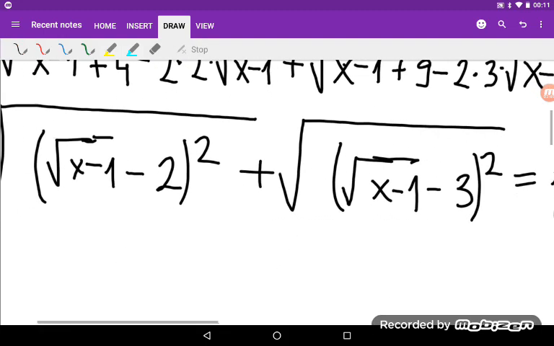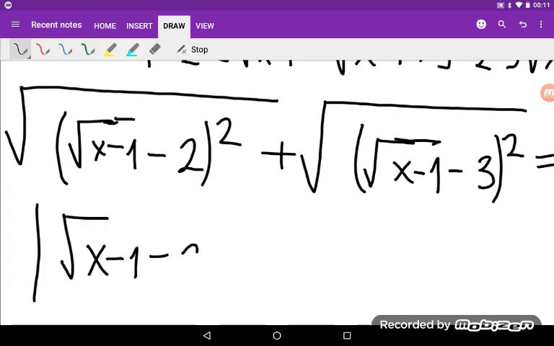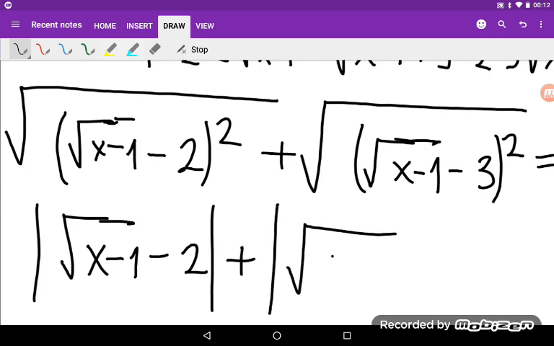So that's pretty nice. And now this will be the absolute value of square root of x minus 1 minus 2, plus the absolute value of square root of x minus 1 minus 3, is equal to 1.